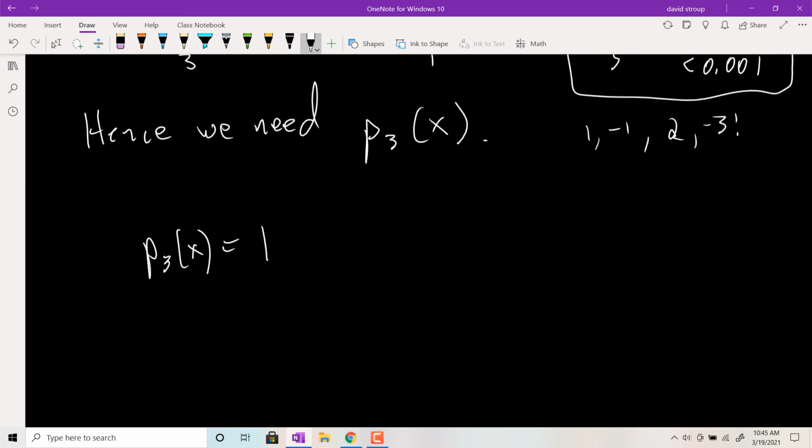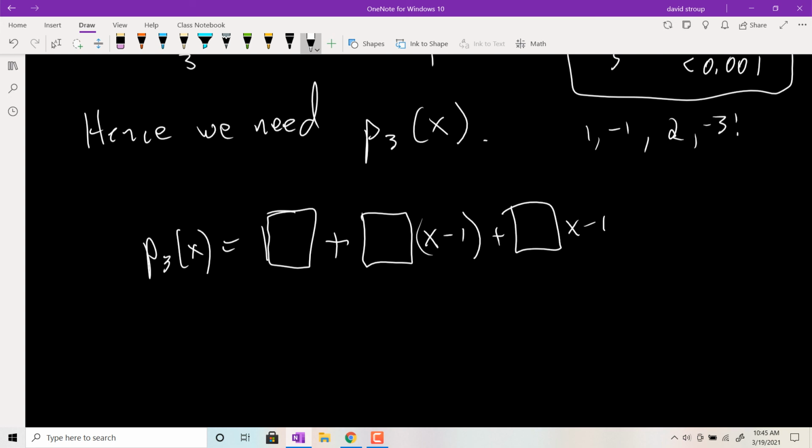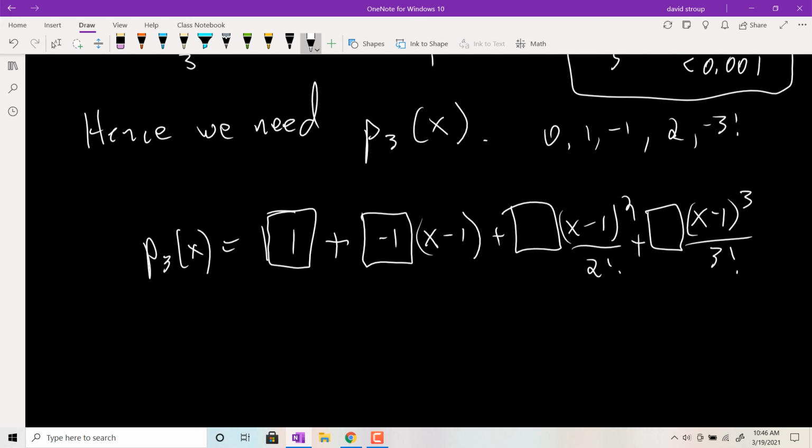Okay, so basically just plugging in the boxes again. Plus blank times x minus 1 plus blank times x minus 1 squared over 2 factorial plus blank times x minus 1 cubed over 3 factorial. Plop in the numbers. Oh, whoops, the first one was 0, wasn't it? Oh, frick.